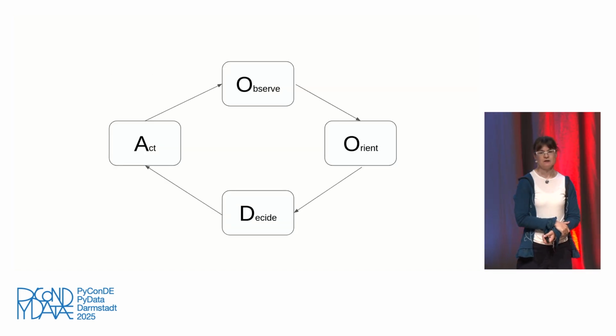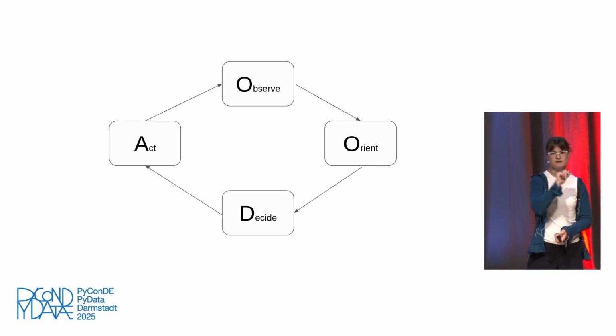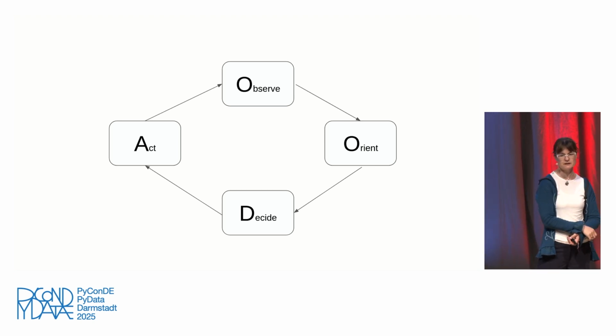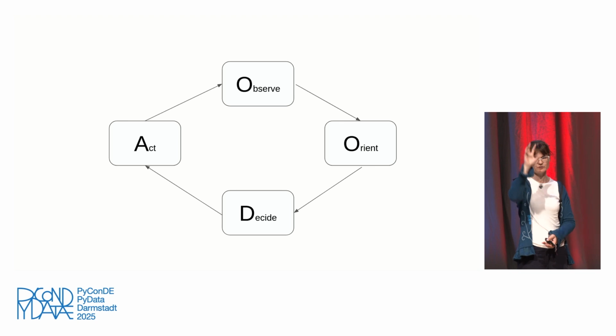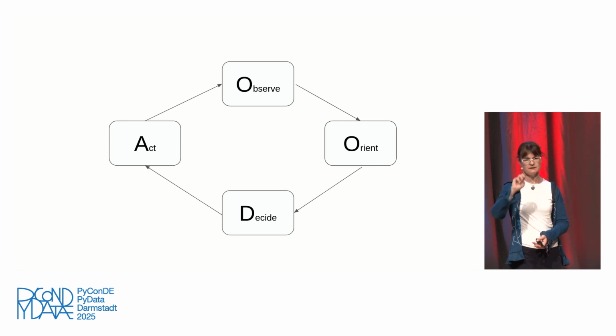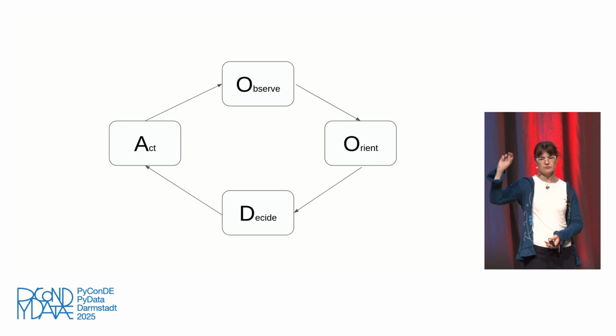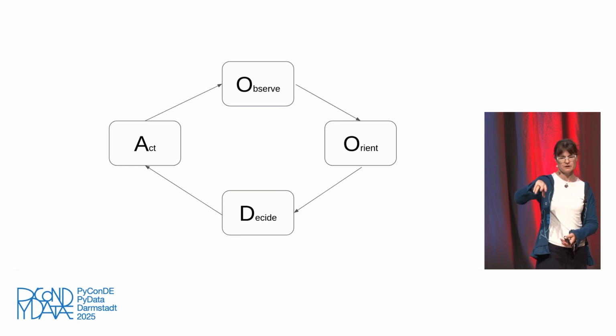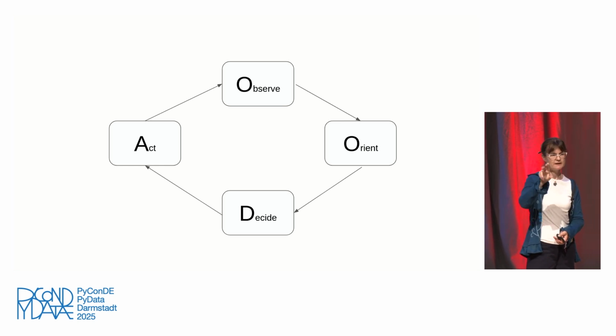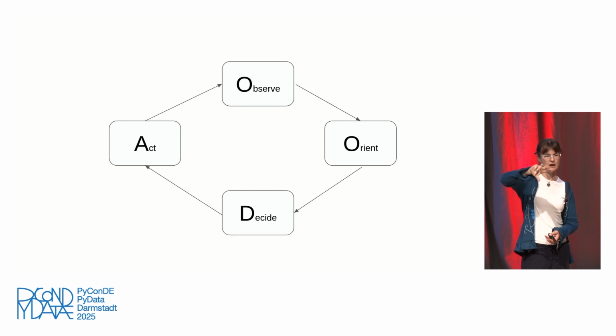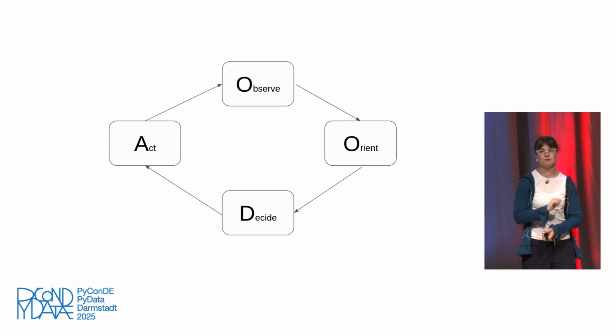So typically, when we roll out such systems, we operate within a loop of observe, orient, decide, and act. We observe the world, we orient ourselves, we decide which way to go, we build the system, and then we check whether we've achieved our target metric.